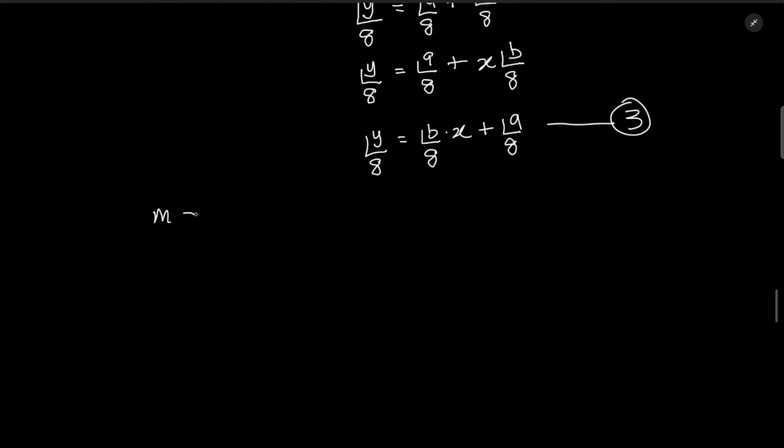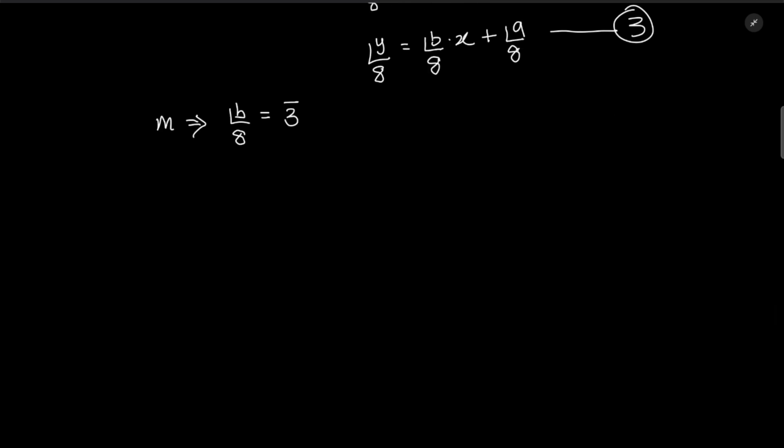So for the m, we've got log 8 of b equals per 3. If you can't see immediately what b equals, let's do something very simple just to see if it's clearer, and we'll take the reciprocal of both sides.